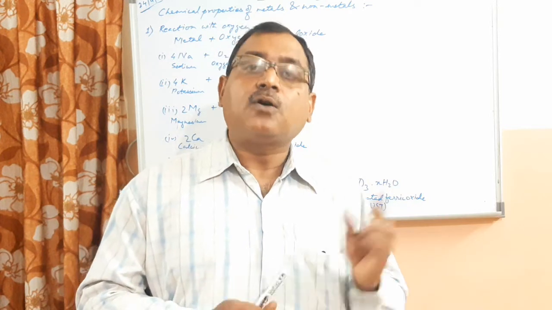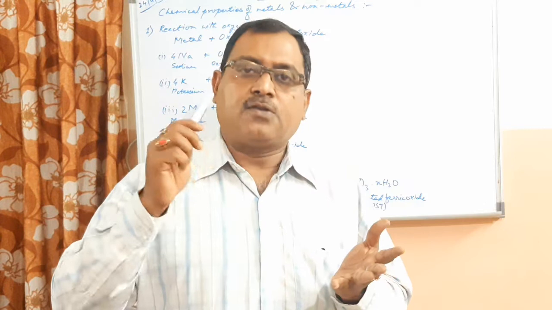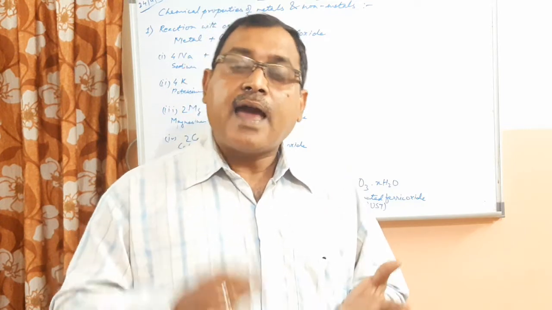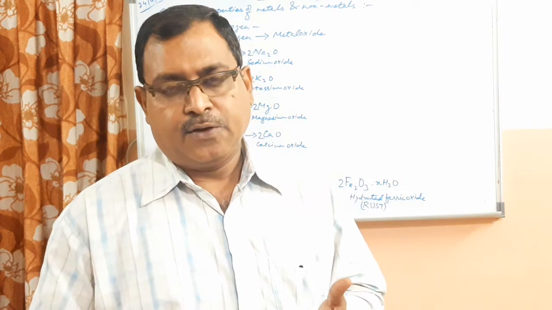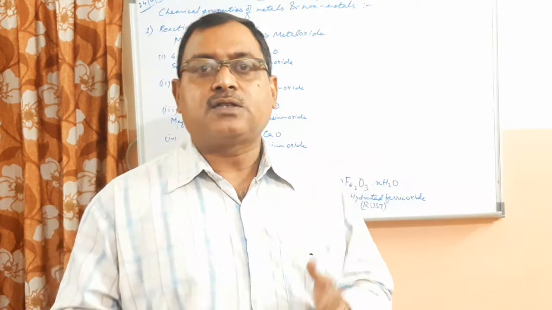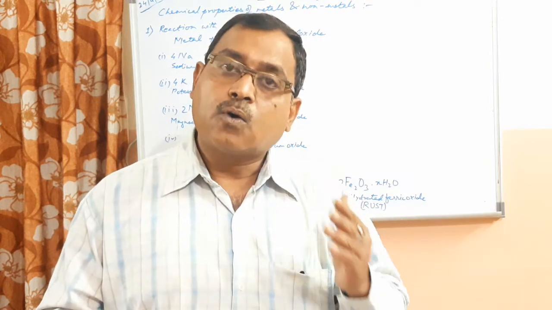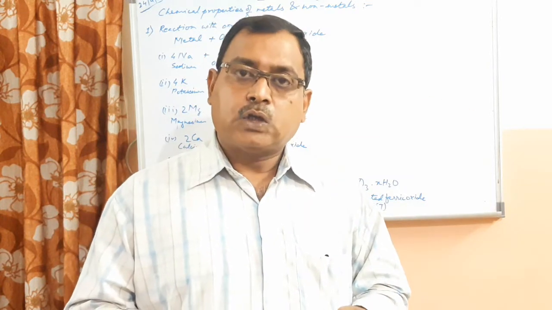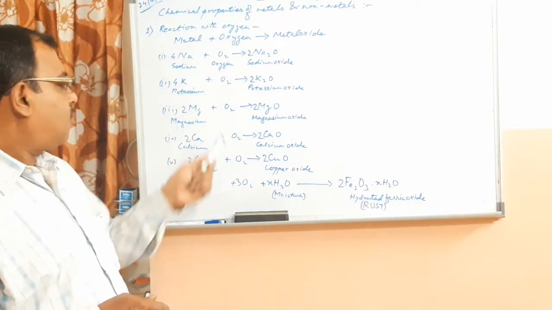So that is because of presence of oxygen in air, presence of moisture in air, and presence of various other pollutants in air. So this is called as corrosion. So rusting is also a form of corrosion. Clear? So remember, this is how metal reacts with oxygen.